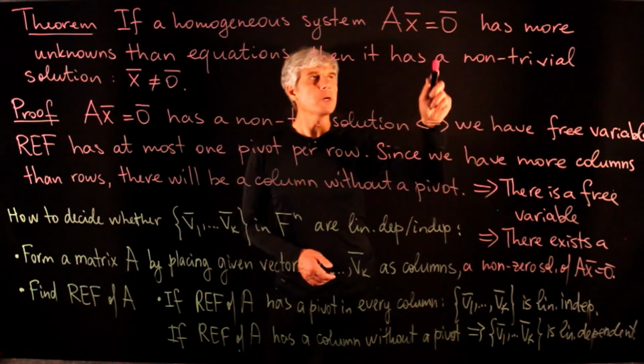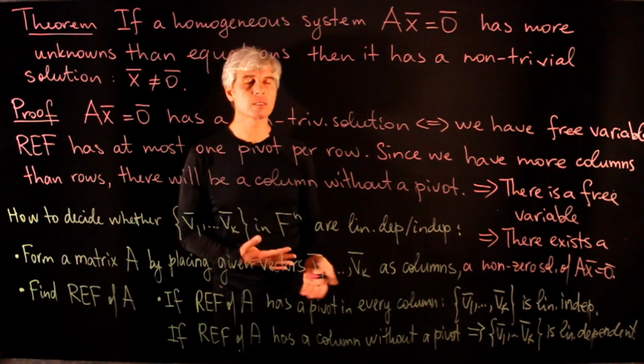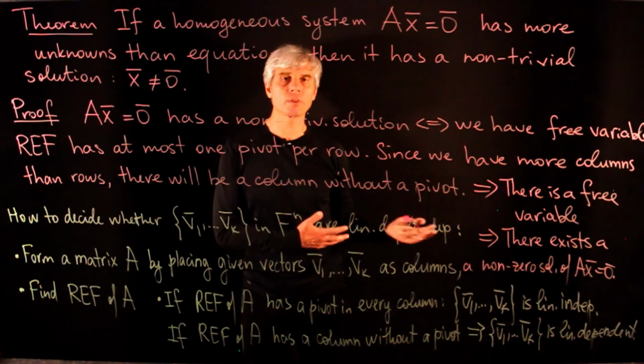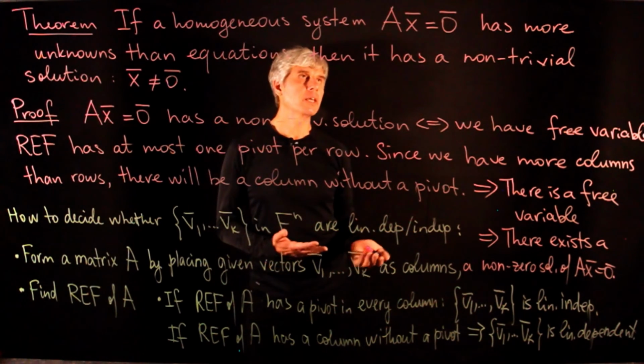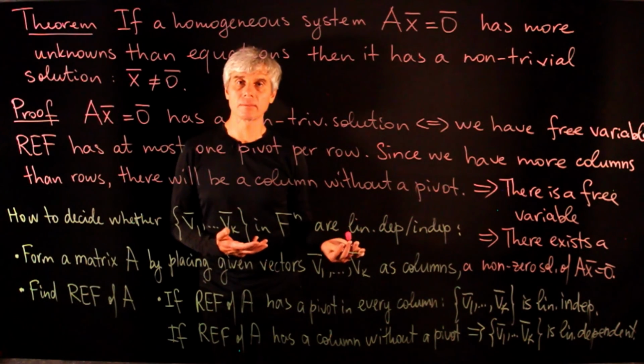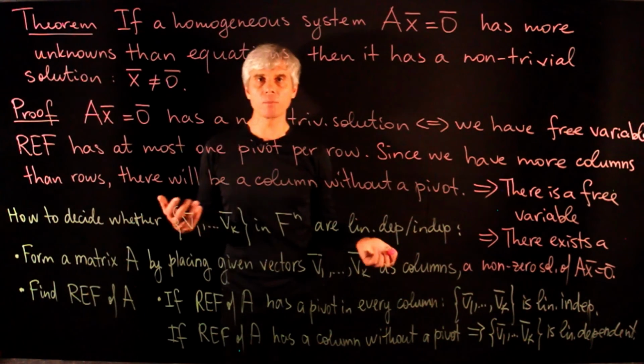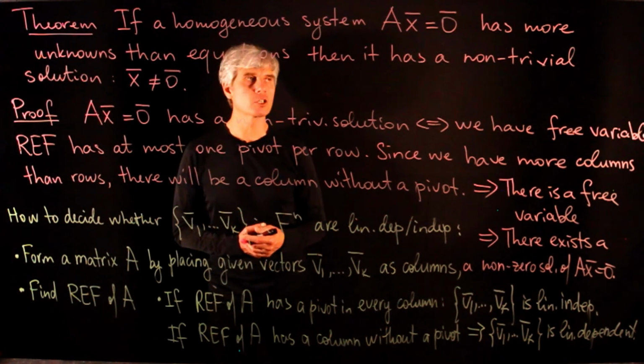So what can we say about non-homogeneous systems? Suppose we have a non-homogeneous system of 3 equations with 5 unknowns. Then it is possible that such a system is simply inconsistent, right? We could have an inconsistent system with more unknowns than equations.